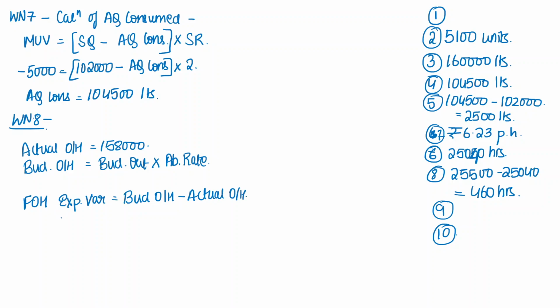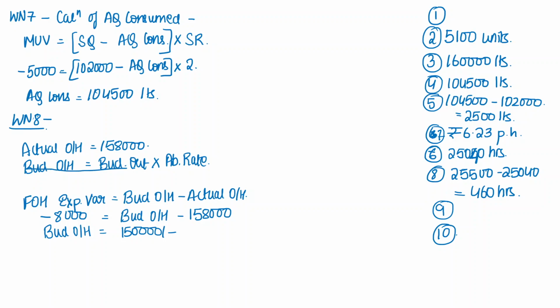Expenditure variance is given to you as 8,000 adverse. Minus 8,000 is equal to budgeted overhead minus actual overhead 1,58,000. So what is your budgeted overheads? 1,50,000.